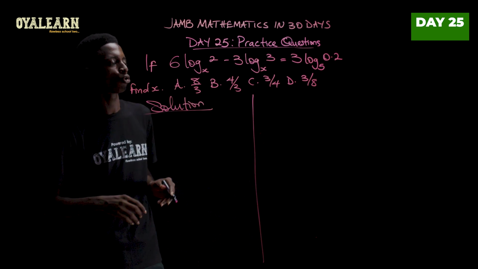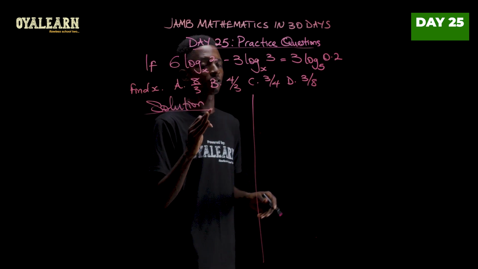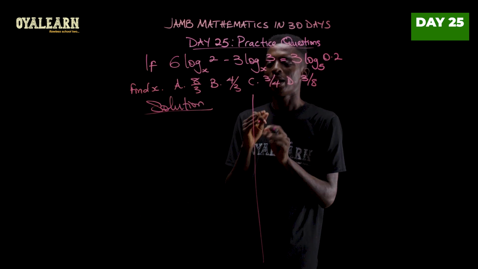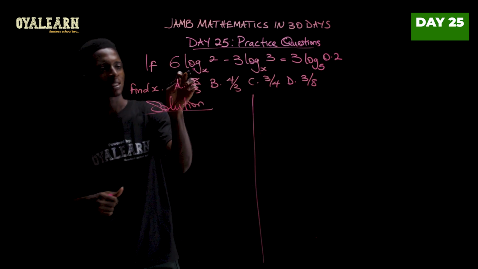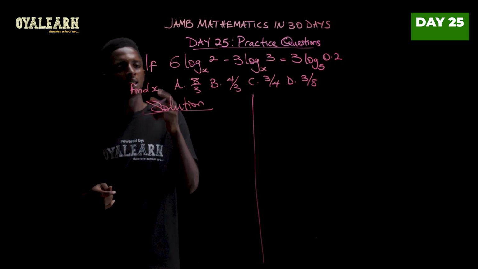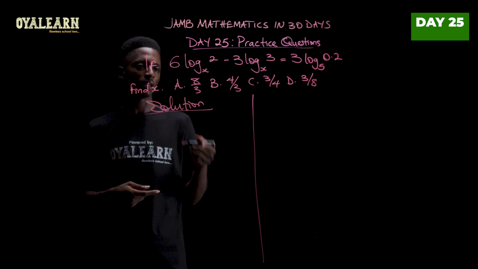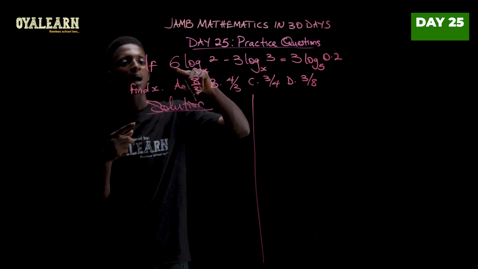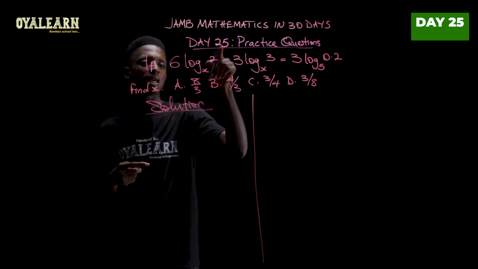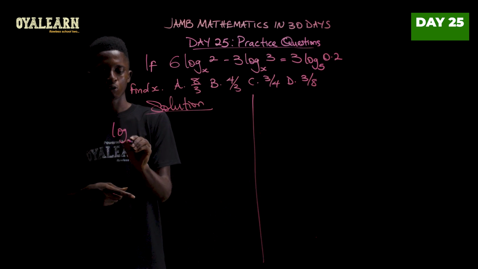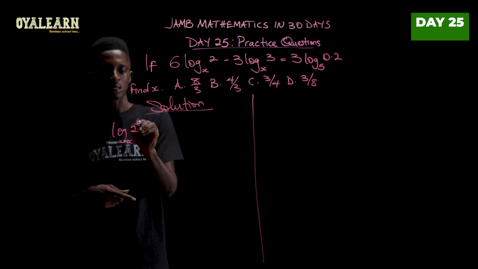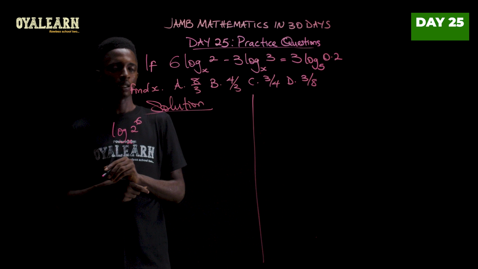Now, one thing you want to do is to first apply the laws of logarithm to simplify this problem, and then we'll see how we can get the value of x from that. Now, starting with this, when you have a log to a base of 2 like this, what happens is that this comes here and becomes the power here. So we're going to be having log to base x of 2 raised to the power of 6, right?